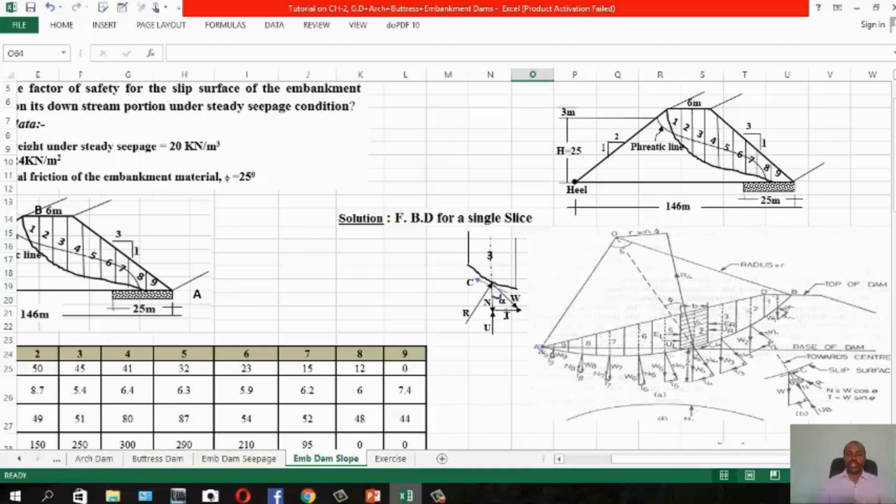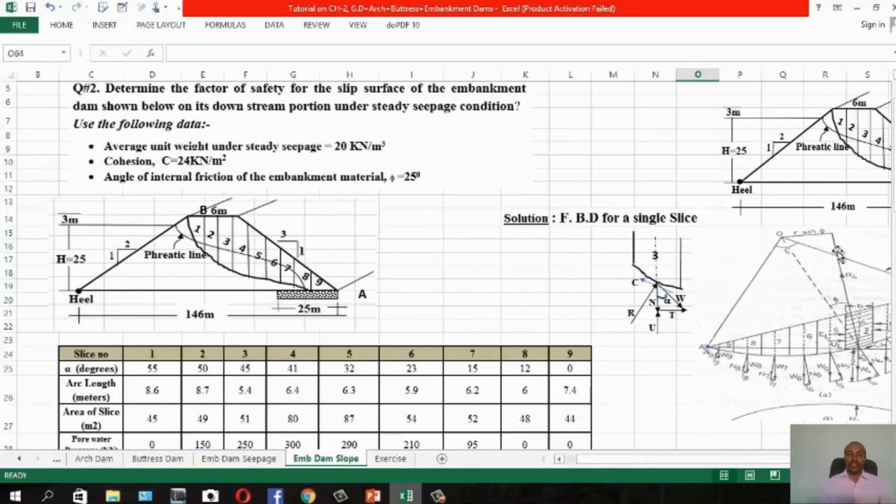But T, which is driving, T is W sin theta, which is sliding parallel to the collapsing failure plane. W is the weight of each slice. For all slices, you can draw the free body diagram. This is for a single slice.